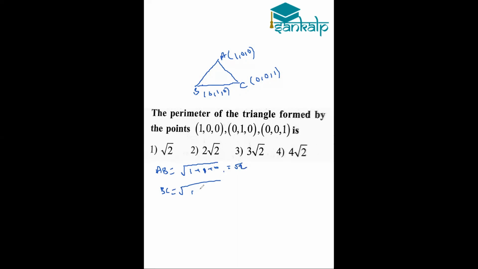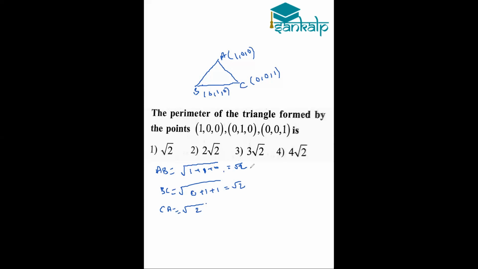Similarly, the distance BC: 0 minus 0 is 0, 1 minus 0 is 1, again 1, so again it will be equal to root 2. Similarly, CA, if you simplify, again you will get root 2.